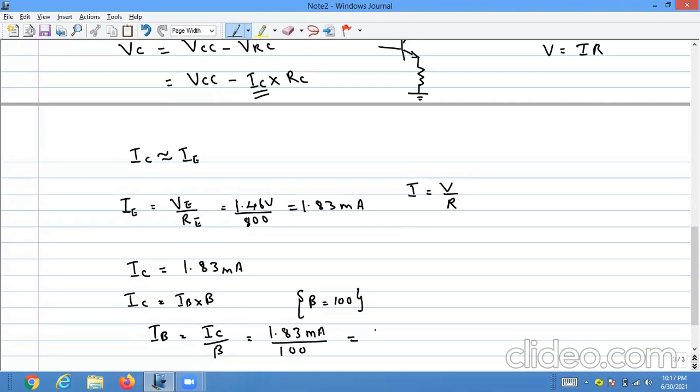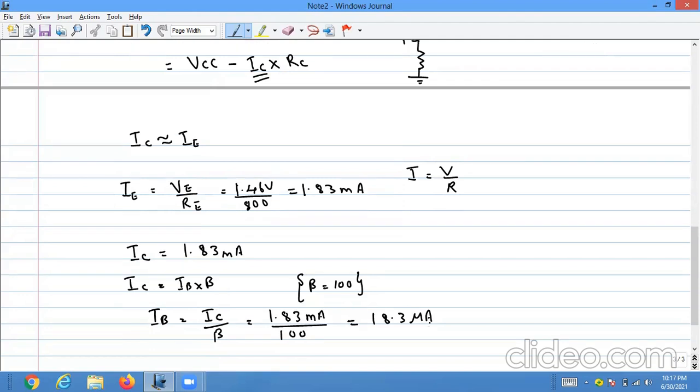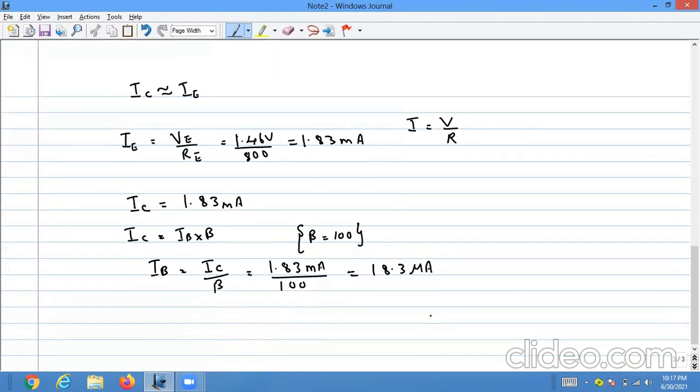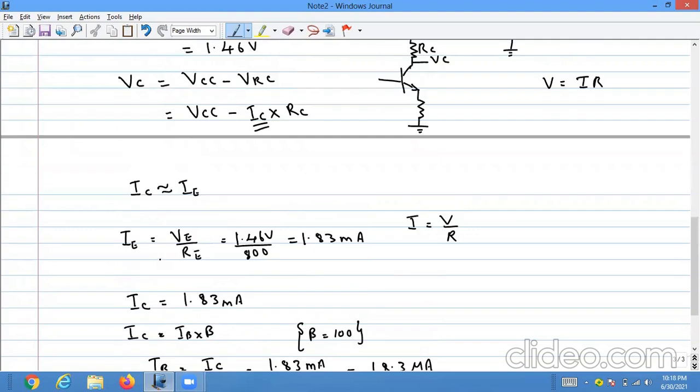So we get an answer of 18.3 microamps. So here we have got all the currents.